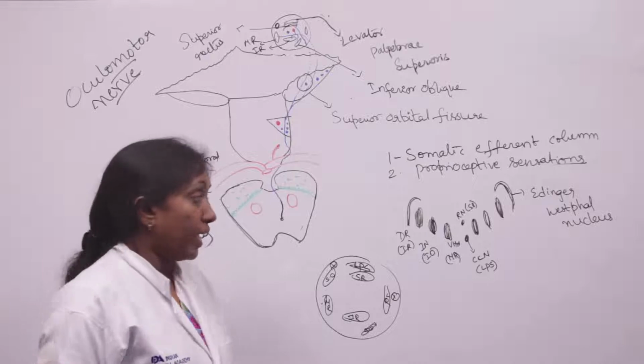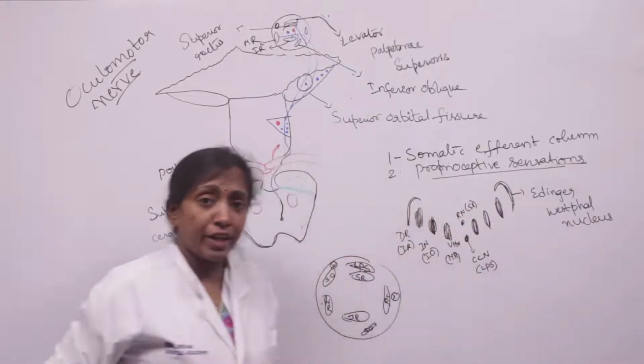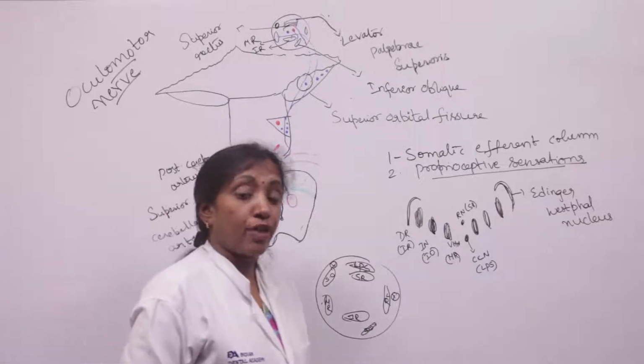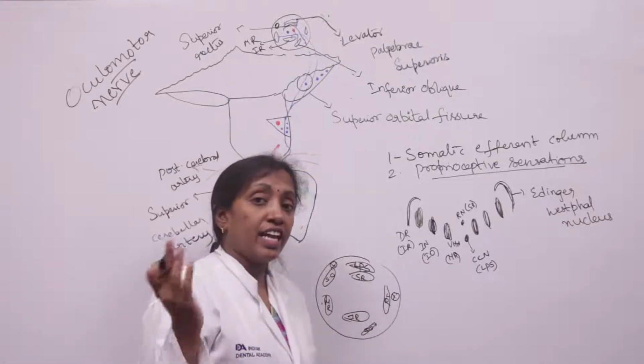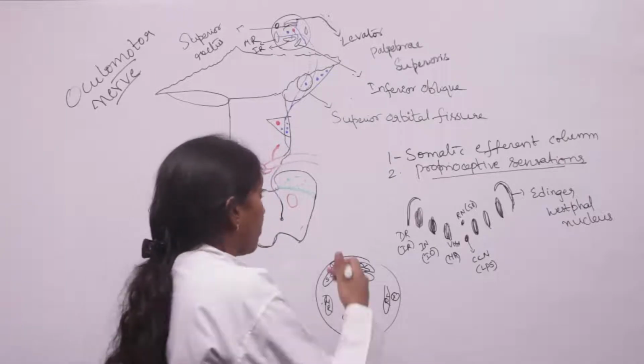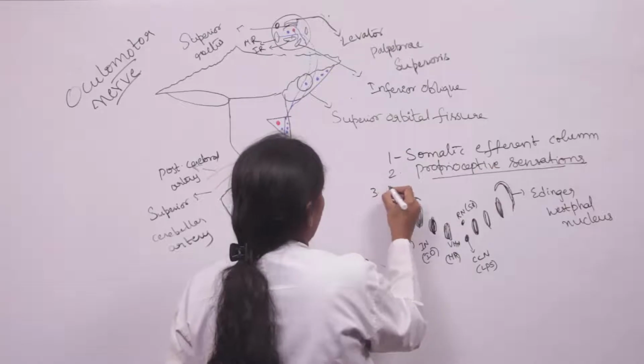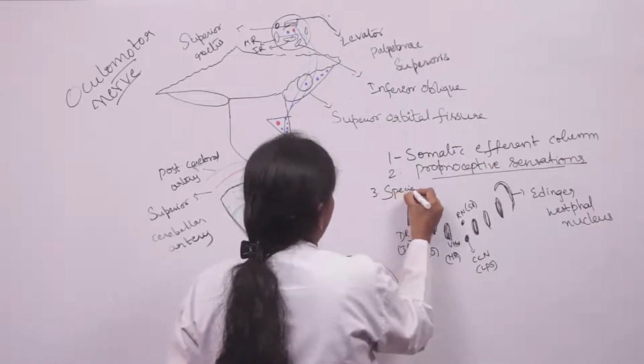The proprioceptive sensations are carried by the mesencephalic fibers, and the fibers relay in the mesencephalic nucleus.